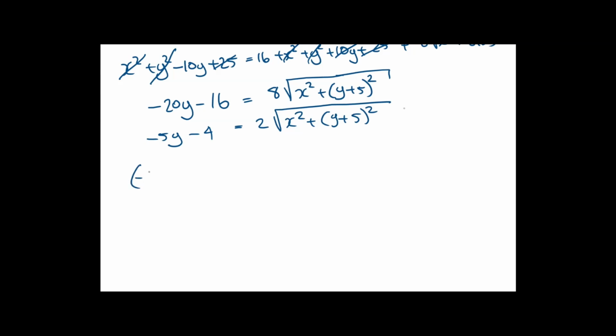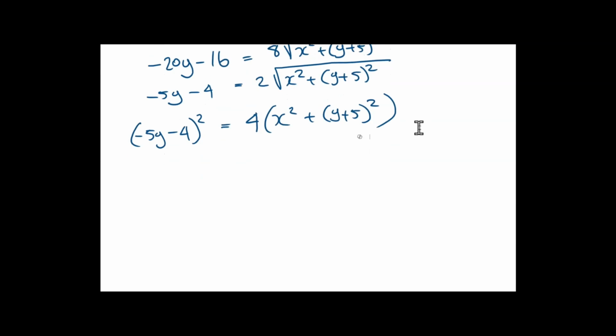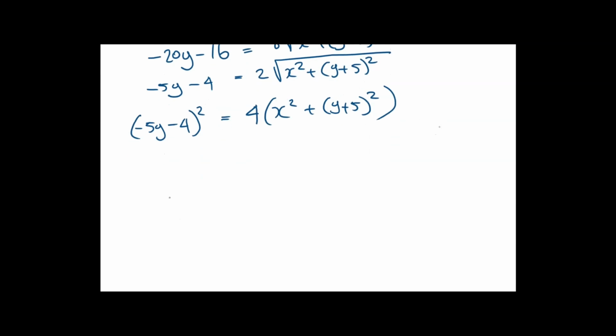At this stage, I'm going to square both sides. Okay? I'm going to, at the end of that, get this. That's going to square. And then we're going to get this thing. Brackets here. Fantastic. We're nearly there. All right.